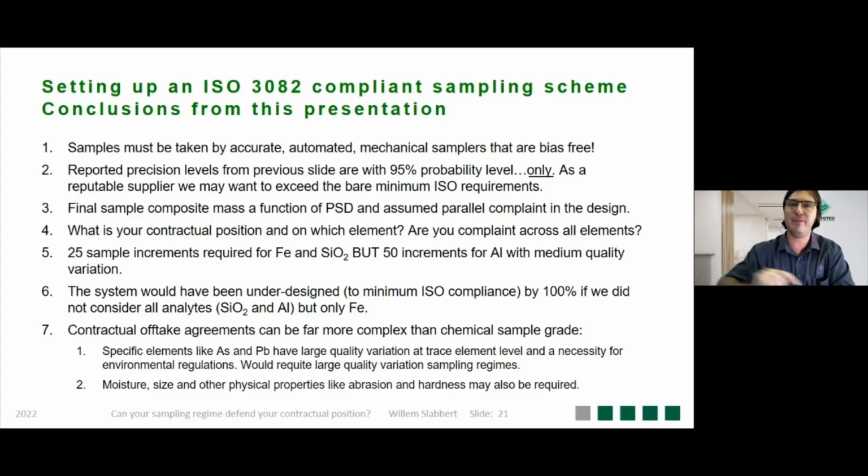And that rapid variability between 0 and 5 around an average value of 0.1 will give us a large variability index, which on table 3 would then require us to sample 100 primary sample increments. Also, in our contractual offtake agreements, there are physical parameters like moisture, size, and other physical properties, abrasion and hardness that may also be required.